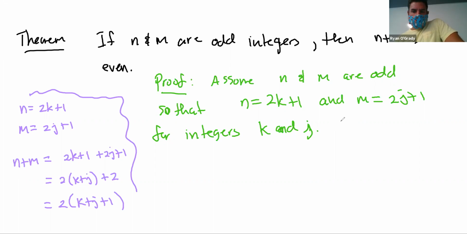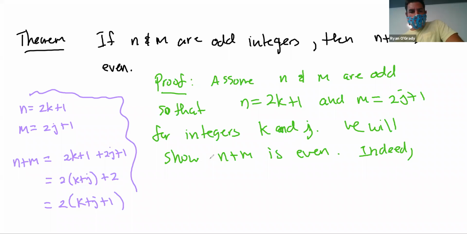Okay, so we will show n plus m is even. Indeed, what is n plus m? N plus m, we saw on the left-hand side, is equal to 2k plus 1 plus 2j plus 1.